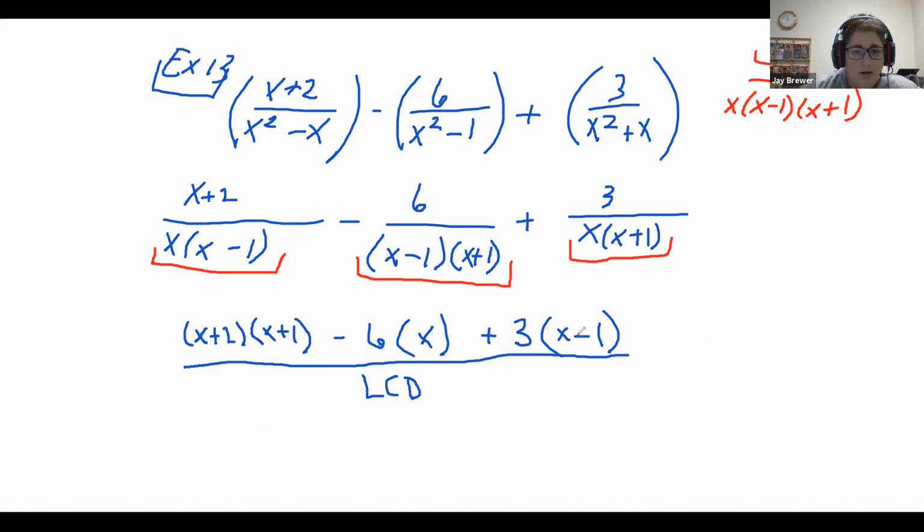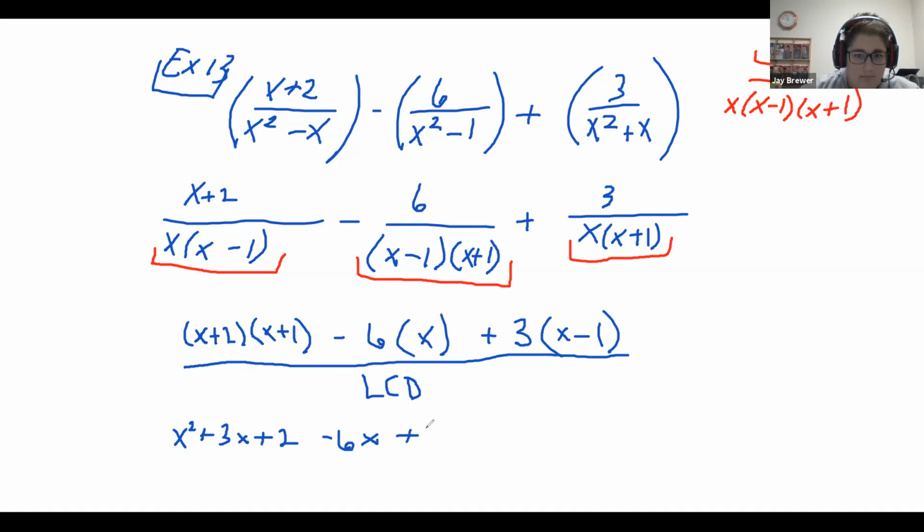So we're going to go through and we're going to FOIL, then simplify, then see what else we can do. So if we FOIL the first part, what are we getting? X squared plus 3x plus 2. Very good. Okay. And then we'll have a minus 6x.